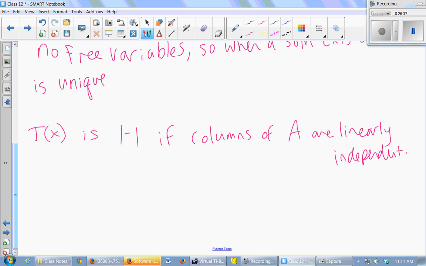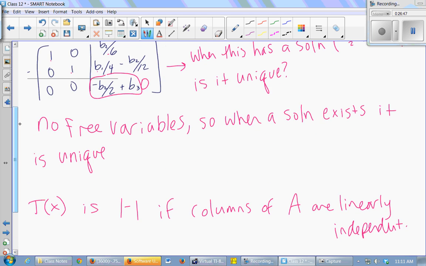That's the same thing as asking whether or not there are free variables. It's the same thing as checking if there is a pivot in every column, right? Right, so this is 1-to-1. So this thing was not onto, but it is 1-to-1.